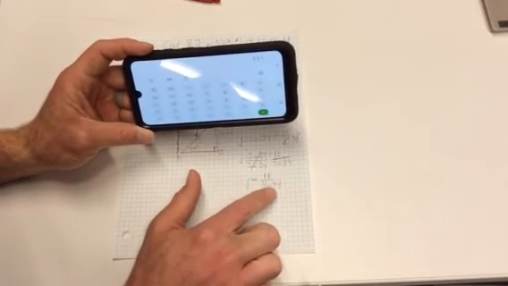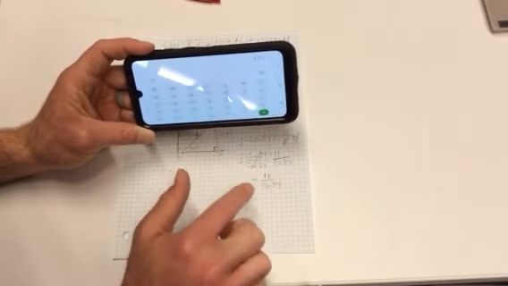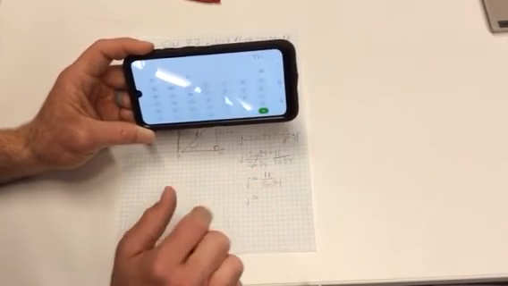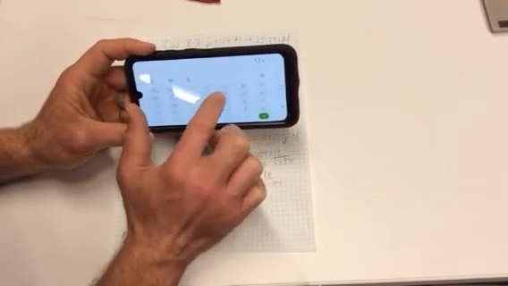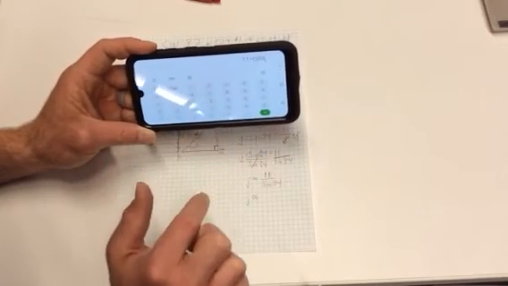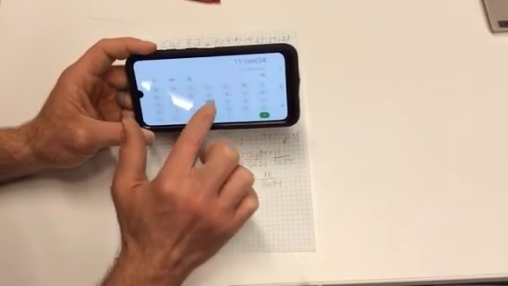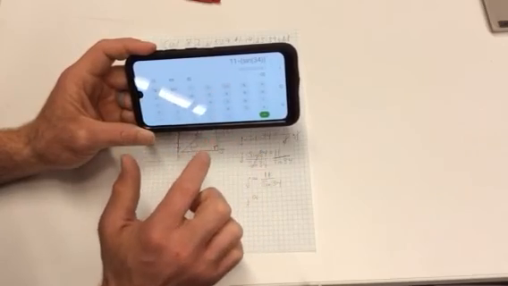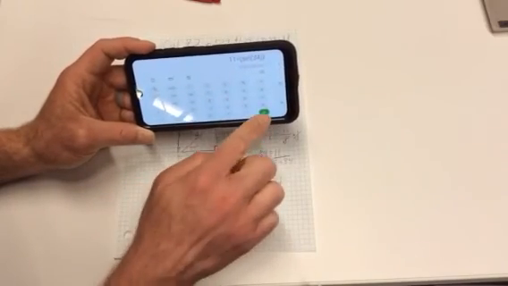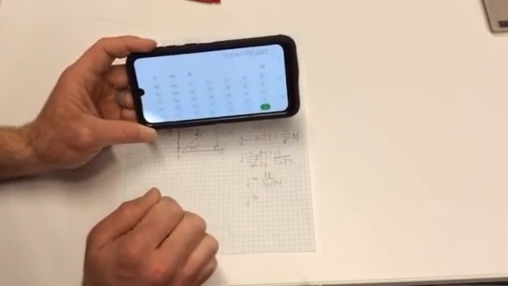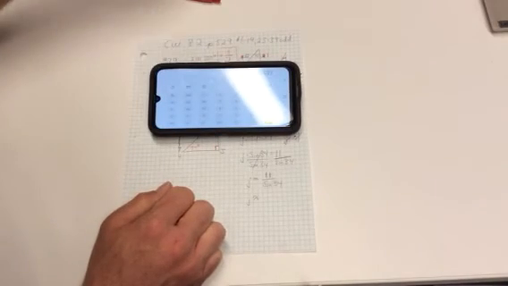I want to make sure this gets calculated, whatever this number is, before it divides by 11. So I'm going to put in parentheses, divided by sine of 34. I'll close my parentheses. So 11 divided by sine of 34 equals 19.67, rounding to the nearest hundredth.